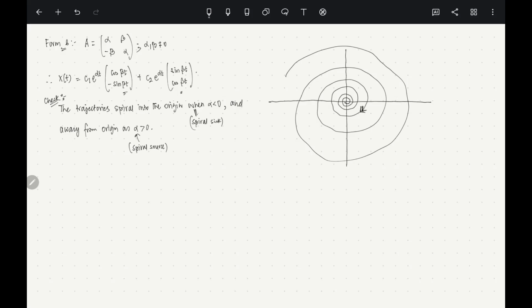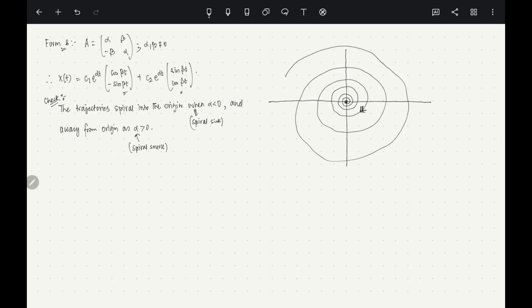Here in this case I drew it in a counterclockwise direction. Why is it counterclockwise? Sorry, I drew it in a clockwise direction. It is moving towards the origin, converging to the origin, but in a clockwise direction. This is the drawing which I did. It doesn't have to be; it can be in a counterclockwise direction also.